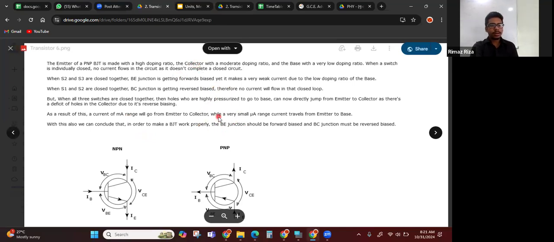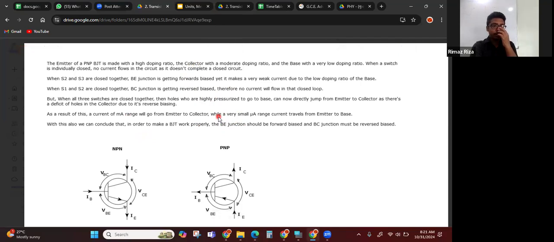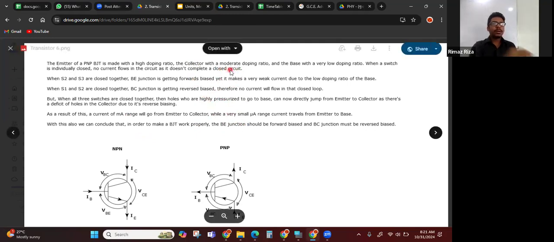You can see it's almost similar, only the structure changes. But NPN or PNP, the emitter should have large doping concentration, the collector moderate doping concentration, and the base very low doping concentration. And the BE junction should be forward biased and the BC junction reverse biased.